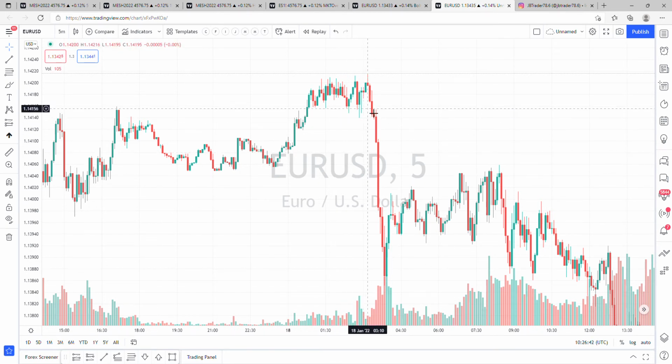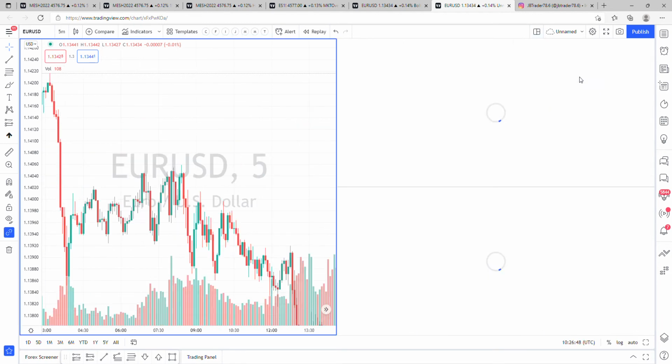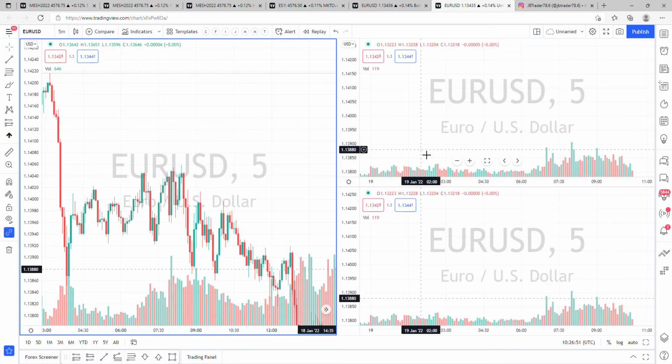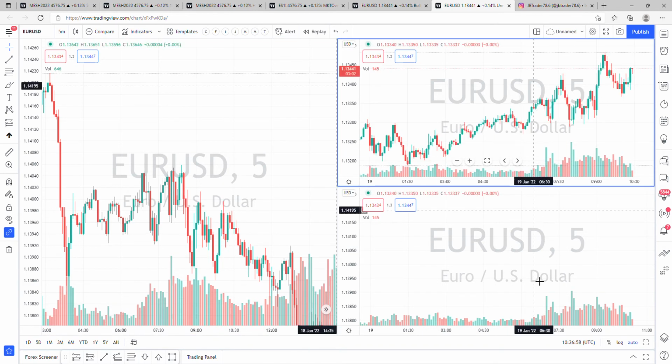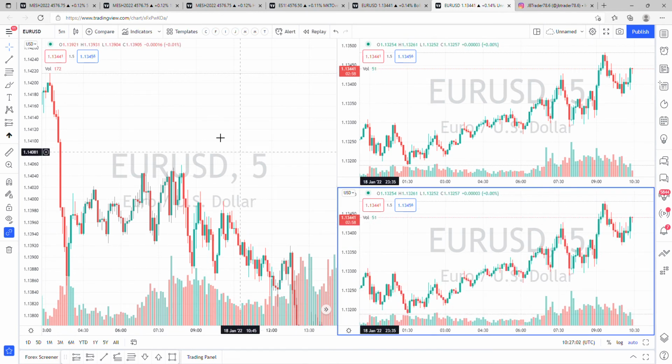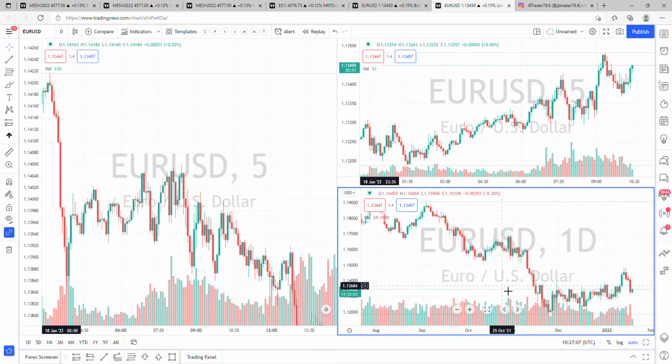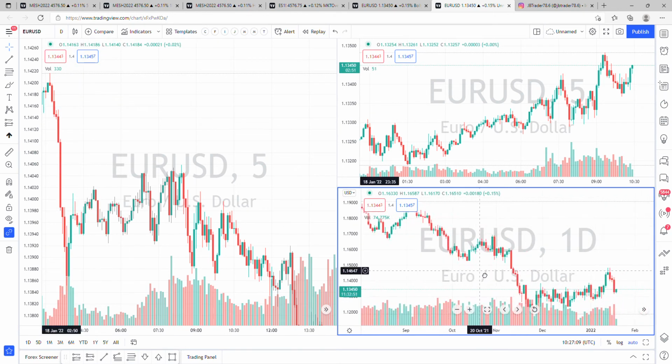But first of all, this is a 5-minute chart. So what we actually need to do is understand TradingView first, and look at the different types of charts. So what I do is I look for top-down analysis. Top-down analysis means we start on a higher time frame, we go out to the daily, and we'll look at what is actually trending, and we will put support and resistance lines on.